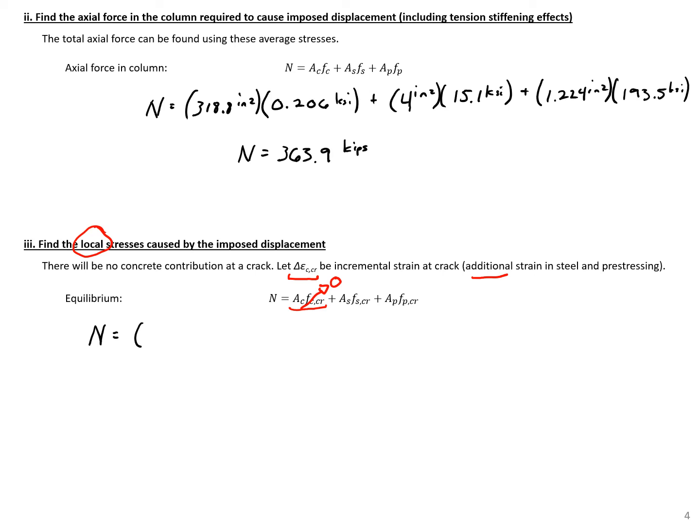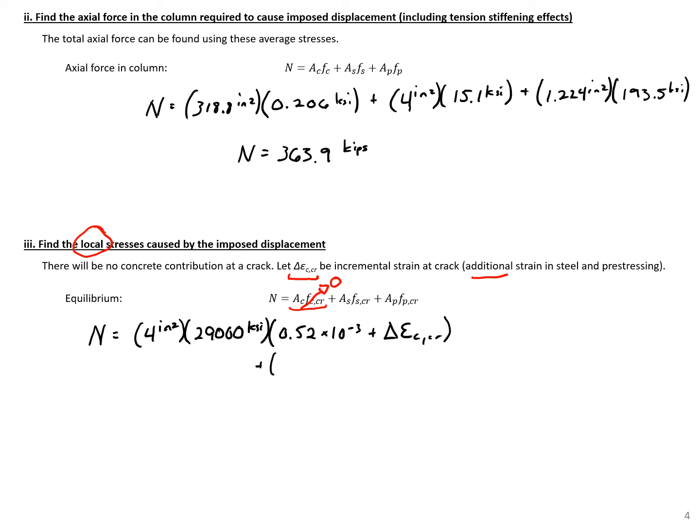So then we'll just have our steel, 4 square inches, times the modulus of our steel, 29,000 KSI, times the initial strain, the strain at this point, 0.52 times 10 to the negative third, plus this additional incremental strain at the crack. And then we can add in the same term here for our pre-stressing.